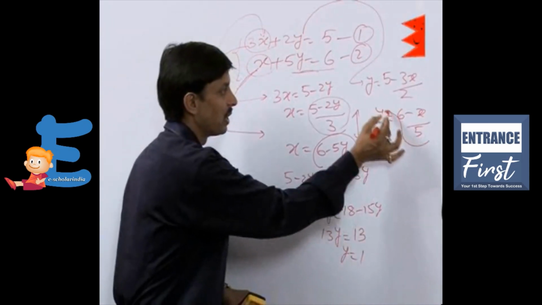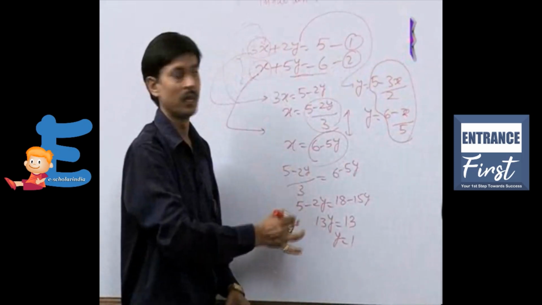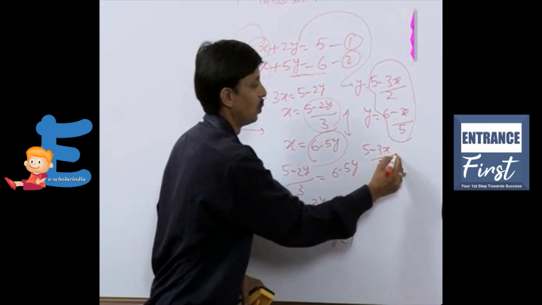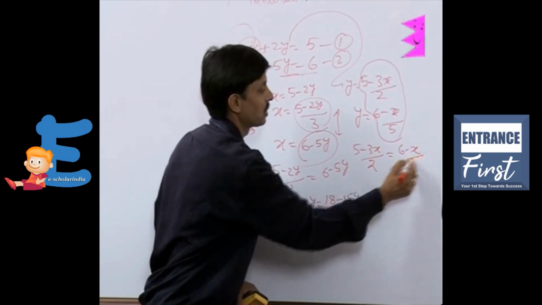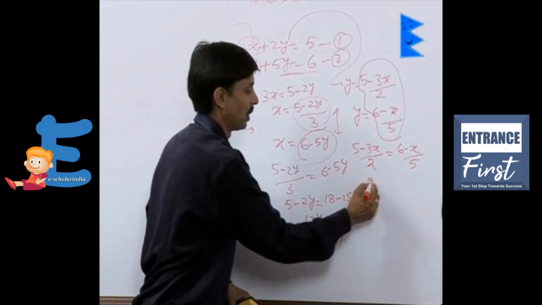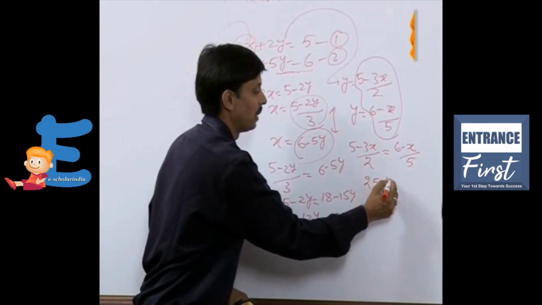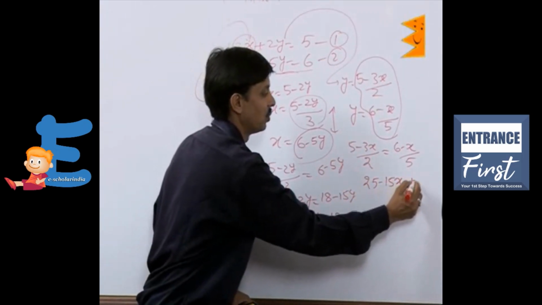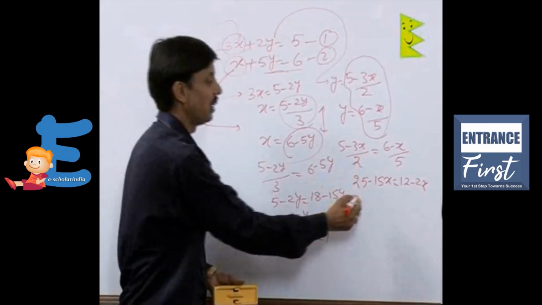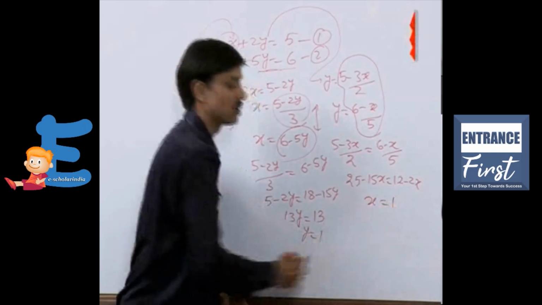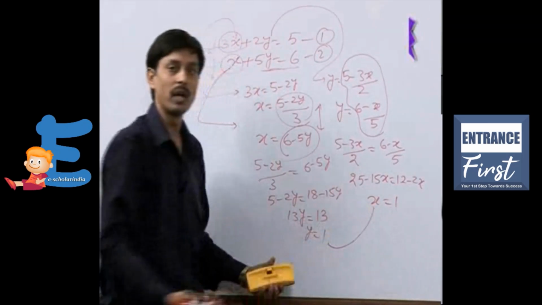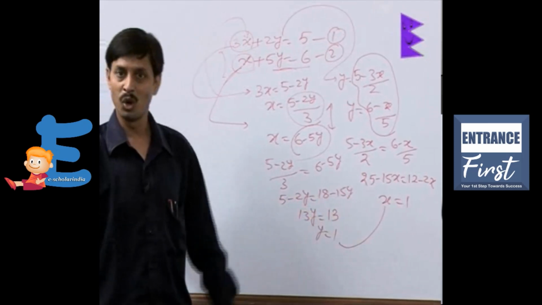Now if we compare these two values, 5 minus 3x upon 2 is equals to 6 minus x upon 5. You will go for cross multiplication: 25 minus 15x is equals to 12 minus 2x. So ultimately it will give us x is equals to 1 because 13x is equals to 13. So x is equal to 1 and y is equals to 1 is again the common answer.